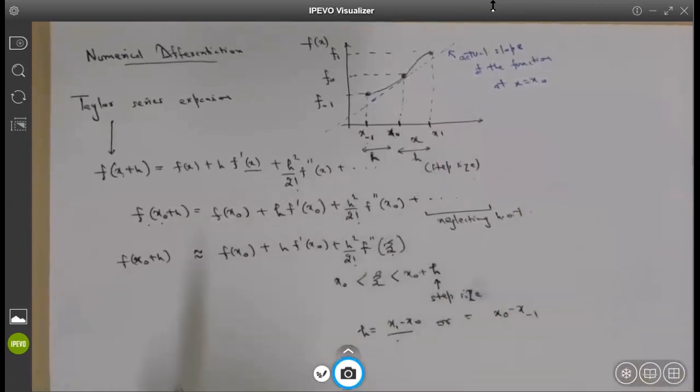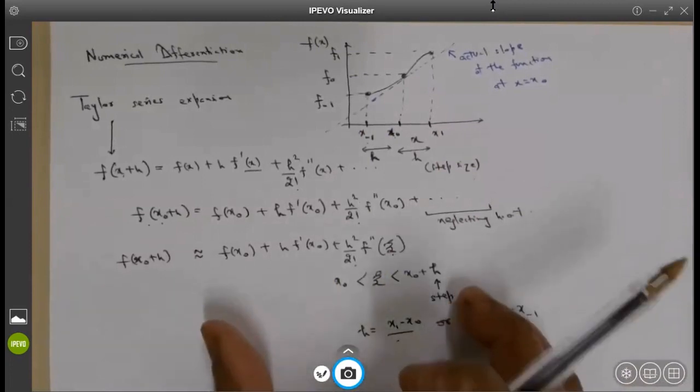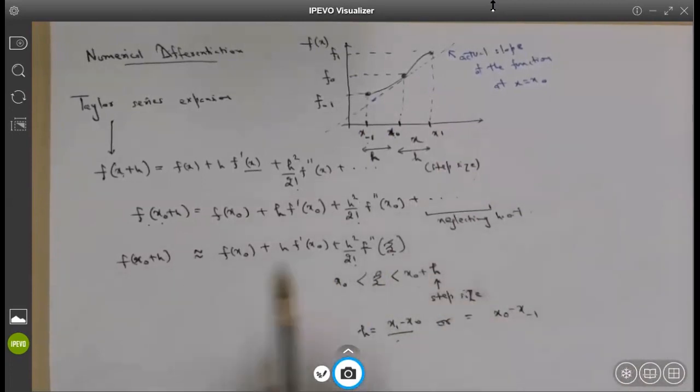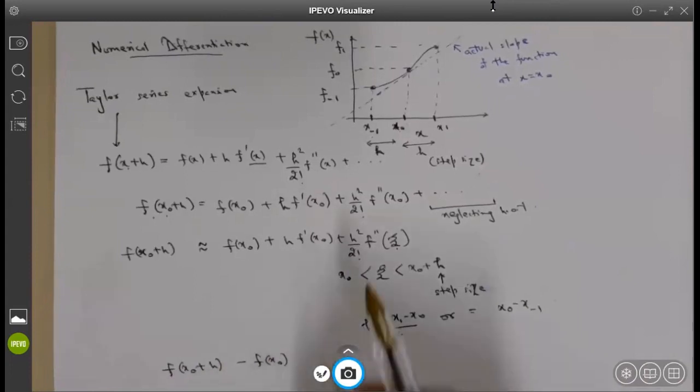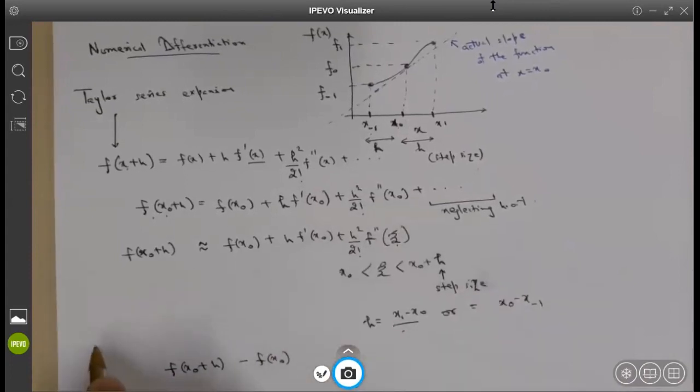So if I can write my function value like this using Taylor series expansion, then it is basically saying that f of x naught plus h minus f of x naught, where x naught plus h is assuming I'm using forward difference. Forward difference means I'm using x1 and x naught data points.